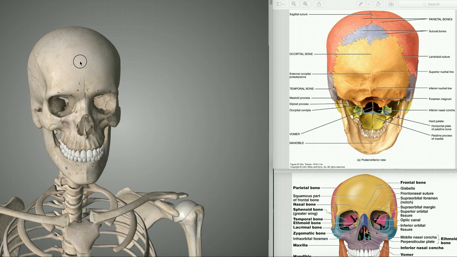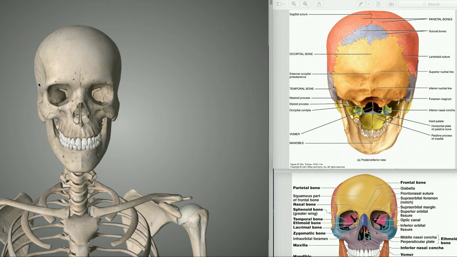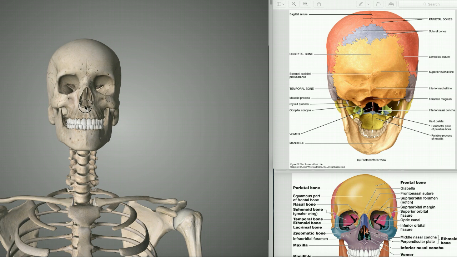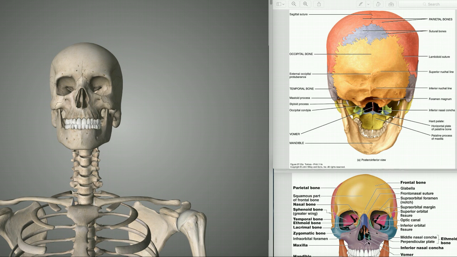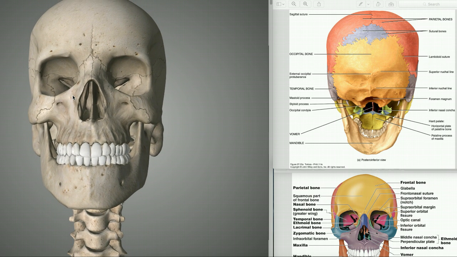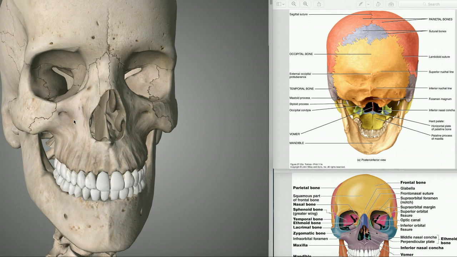Right, just to go over the basics and get a quick grip of what we've learned so far. We have the frontal bone, the nasal bones, your vomer, as well as your ethmoid bone, which is formed from both the middle nasal conchae as well as the perpendicular plate. Near your nose, we have your maxilla, left and right, and this hole here is known as the infraorbital foramen.